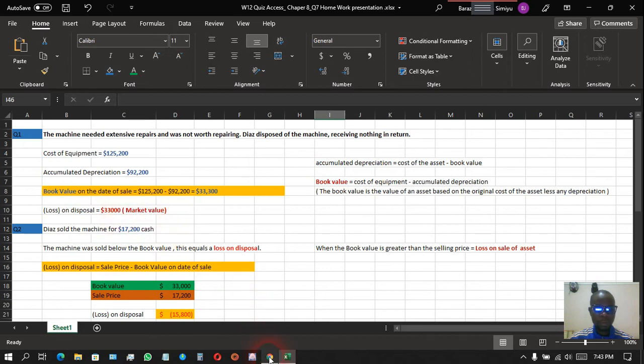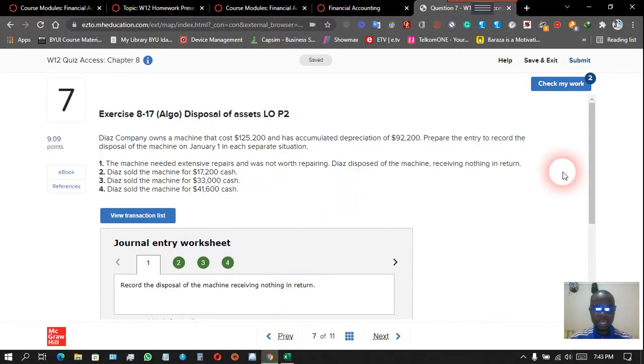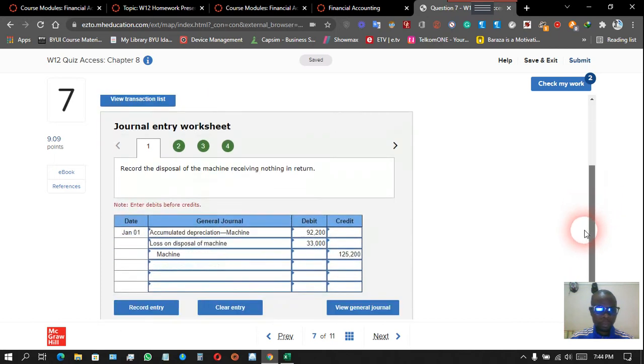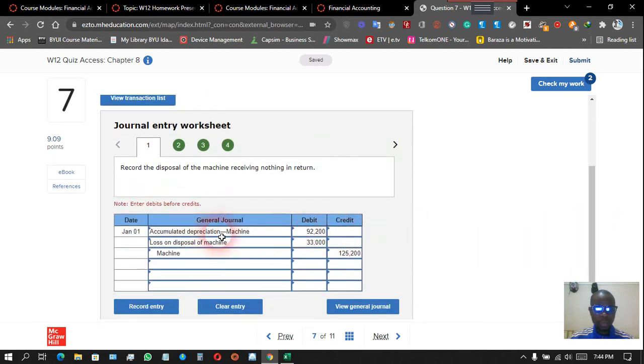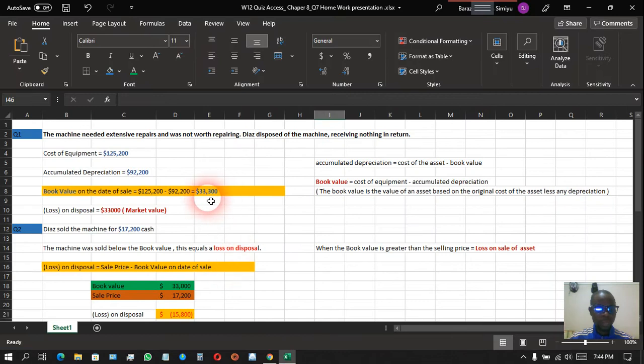Now to enter these values in our journal entry worksheet, we'll first debit the accumulated depreciation of the machine, which was 92,200. Then we'll also debit the loss on the disposal of the machine, which is the same amount of the book value or the market value when it was disposed.